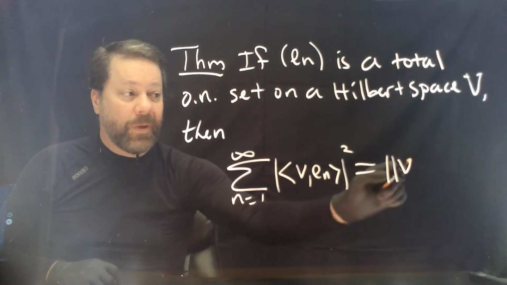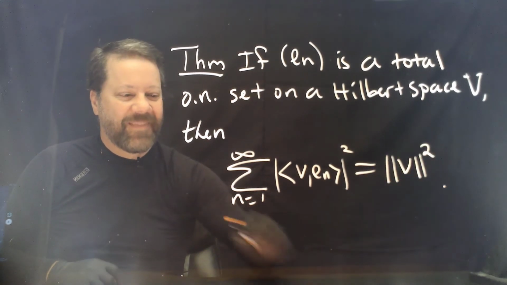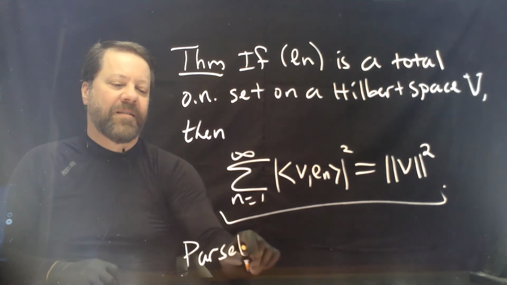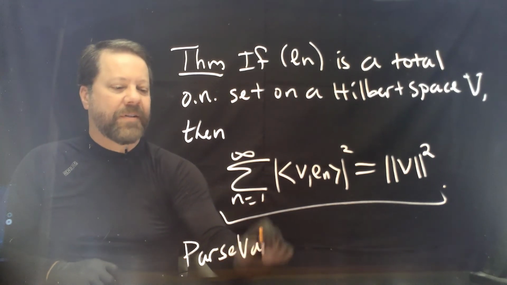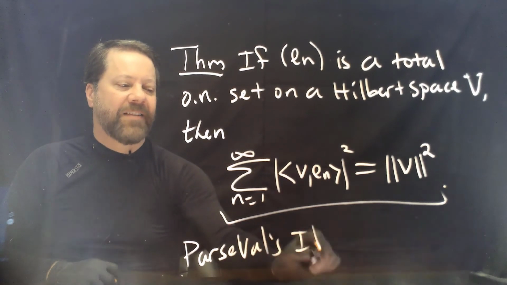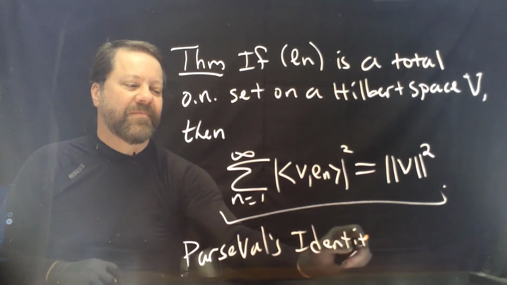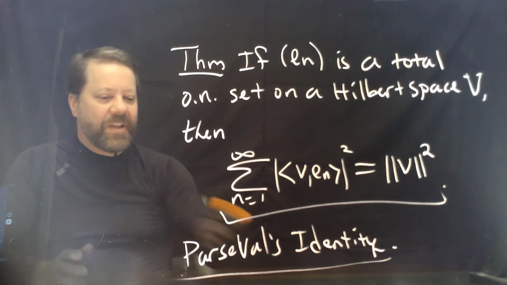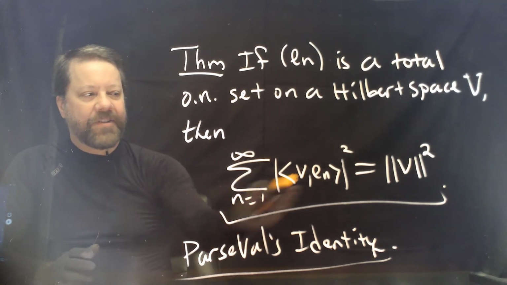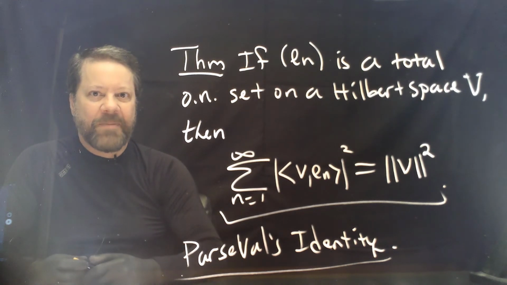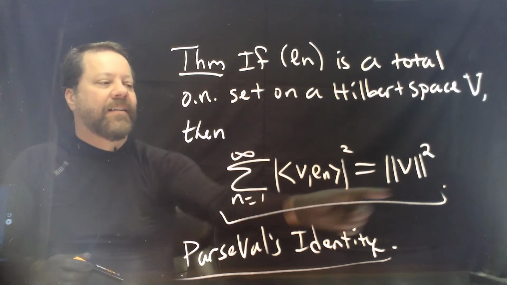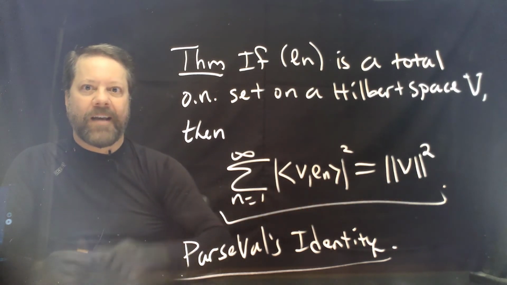You get equality. This is called Parseval's identity. Note that Parseval's identity is a kind of generalized Pythagorean theorem, if you will. You add up the squares of the lengths of the legs, and you get the square of the length of the hypotenuse, if you will.